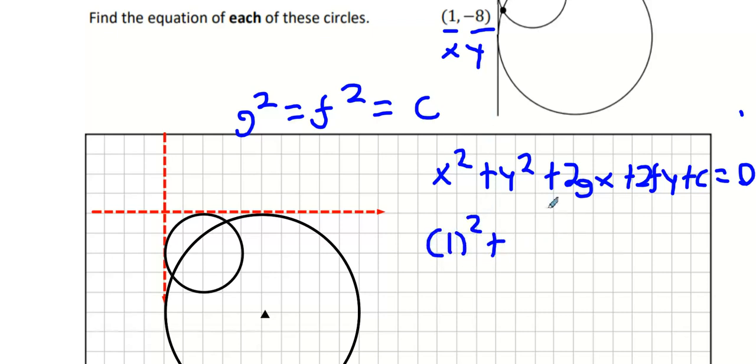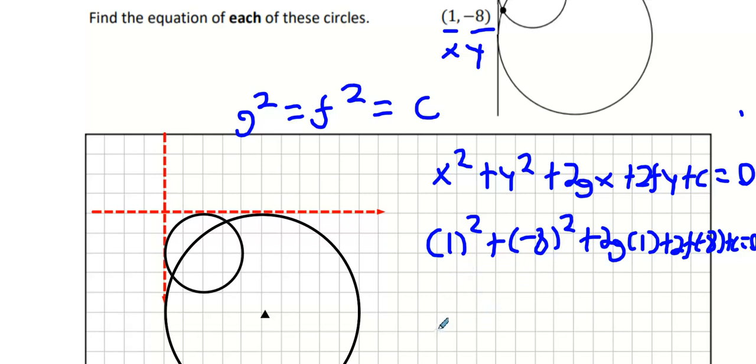So I get 1 squared plus (-8) squared plus 2g times 1 plus 2f times -8, plus c equals 0. What we're going to get here is 65, plus 2g, minus 16f, plus c, equal to 0.